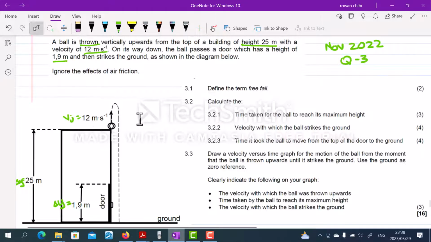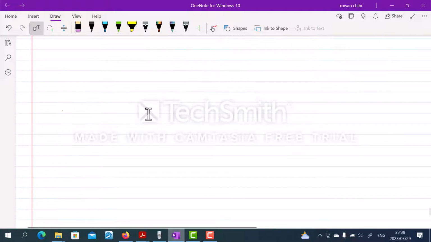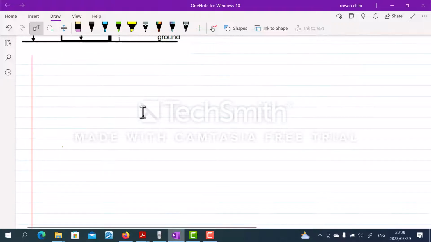So before we go to the questions, let me redraw this diagram. There are things that I want us to unpack from this diagram. So let me draw again here. Let's say this is the building with the height. This is the ground.